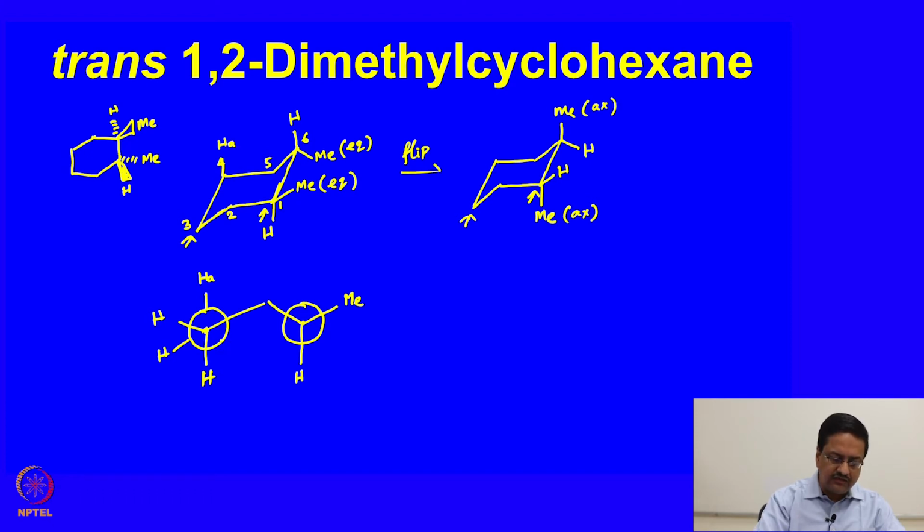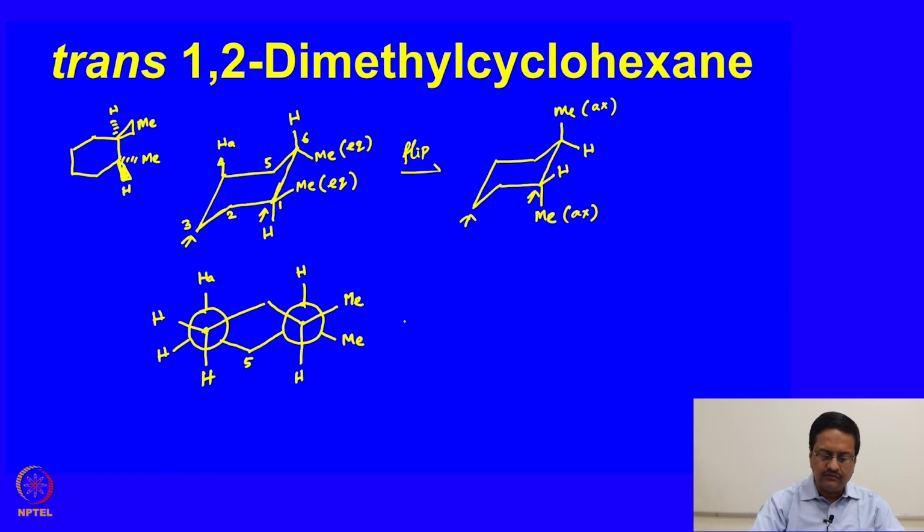and the corresponding connectivity from 4 to 6 is through 5, like that. And in that, the methyl is down and the hydrogen is up.